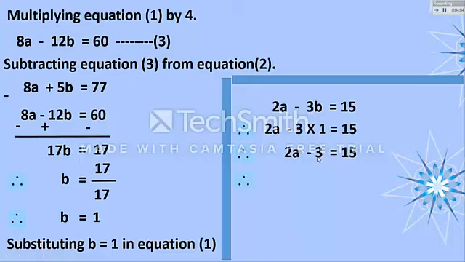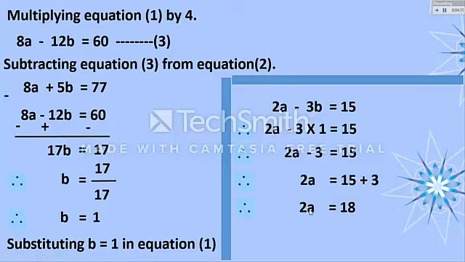This minus 3 taking to the RHS side becomes plus 3. Therefore, 2a is equal to 15 plus 3, addition, 18.